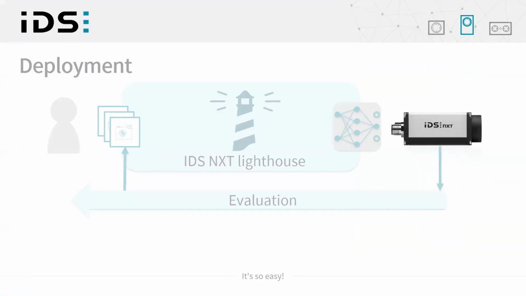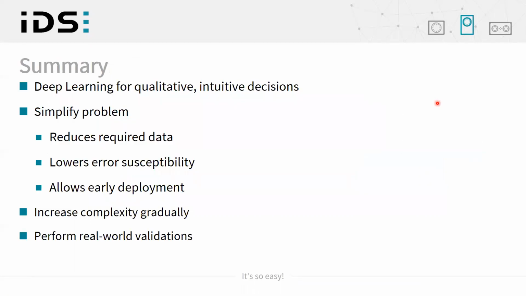So that was basically the complete circle from data acquisition through the Lighthouse training back to the inference, to the deployment on the camera. And I hope you found the background information useful. I provided a small summary here. So deep learning, I think, is best suited for qualitative and intuitive decisions.